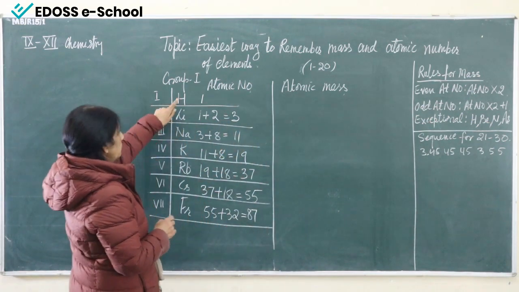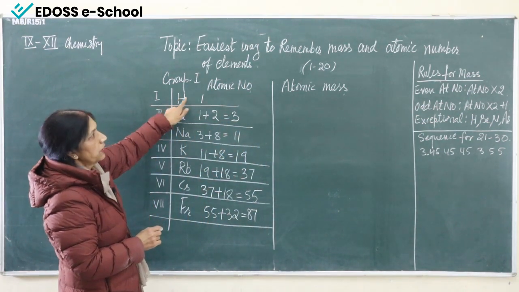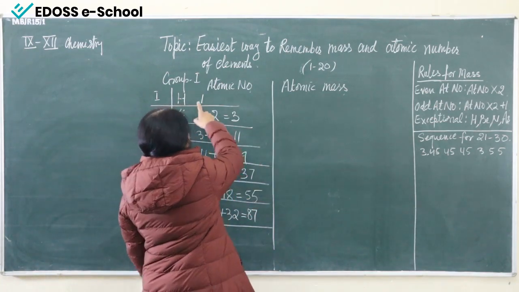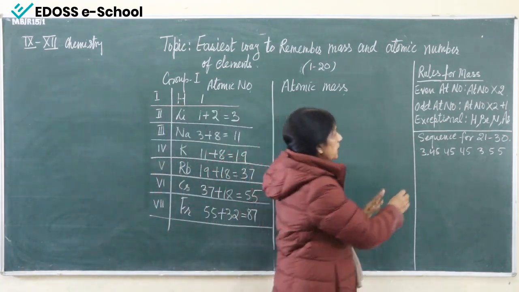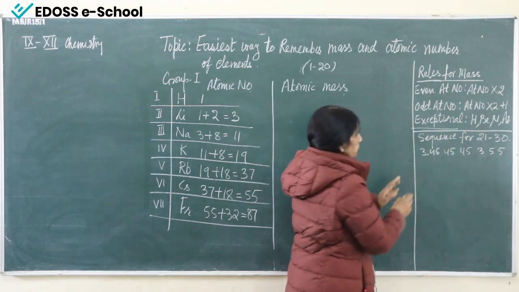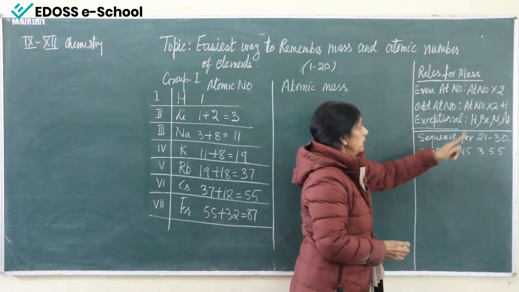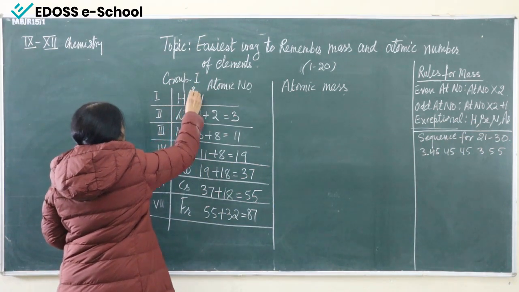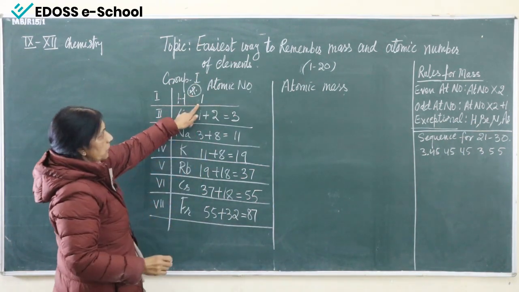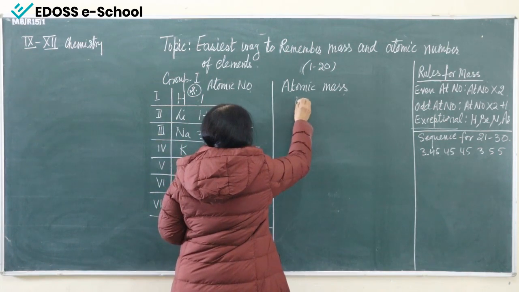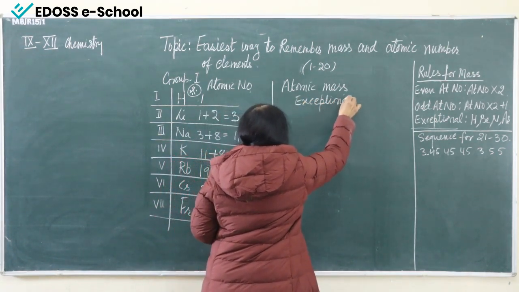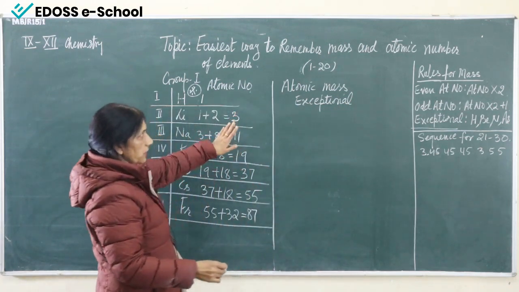Hydrogen has an odd atomic number, but I have written some exceptional cases also. Hydrogen in this case is an exceptional case, so you have to learn this. It does not come in this trick.